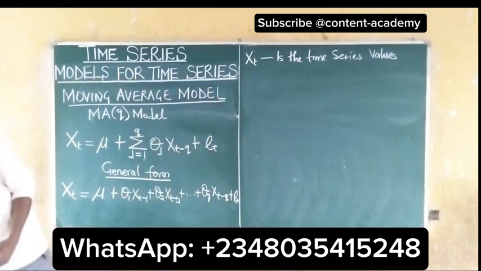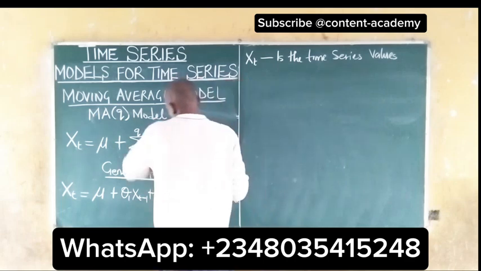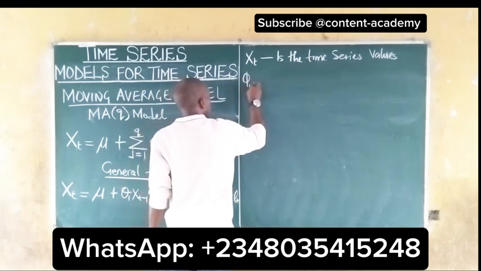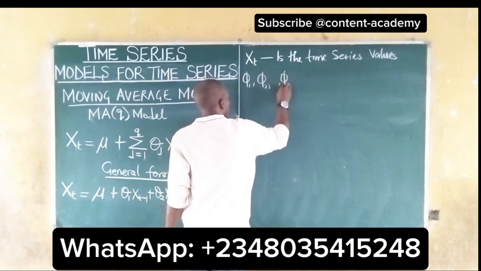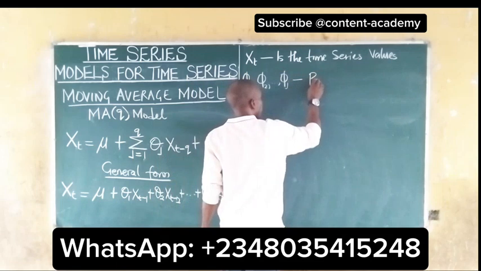So defining the parameters, we have our Xt. Xt is the time series values. We can also write phi 1, phi 2 to phi j or phi q, which are the parameter coefficients.